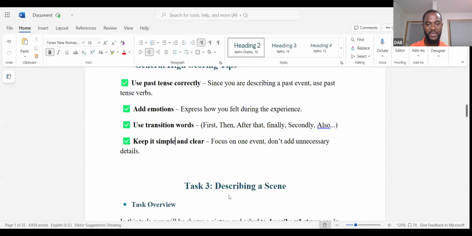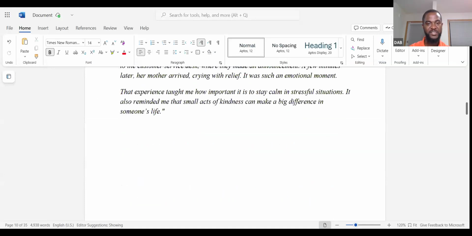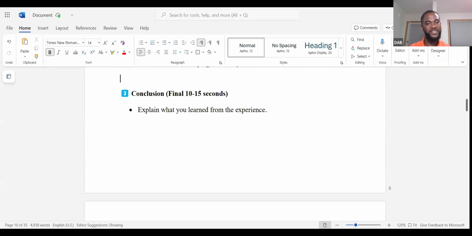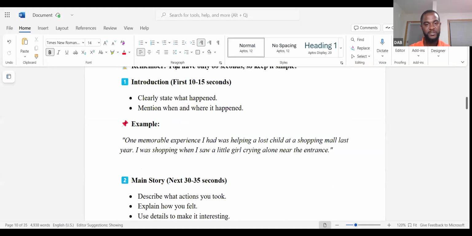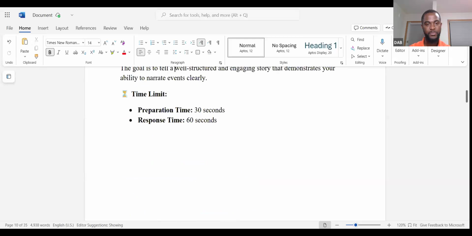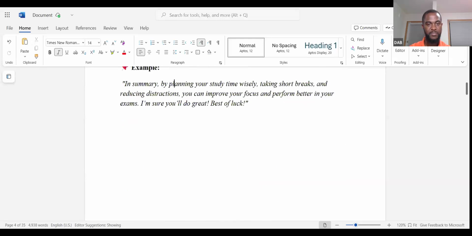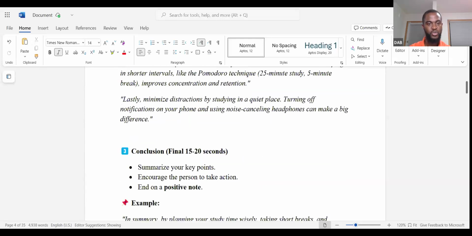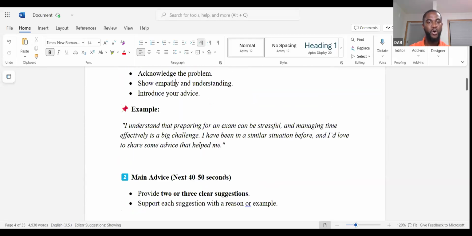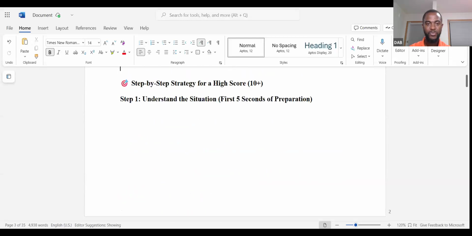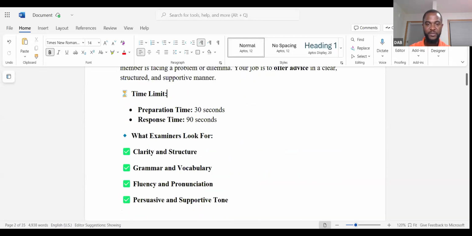The format is the same. The format doesn't change, but the questions in the format change. With the format, it is always the same.